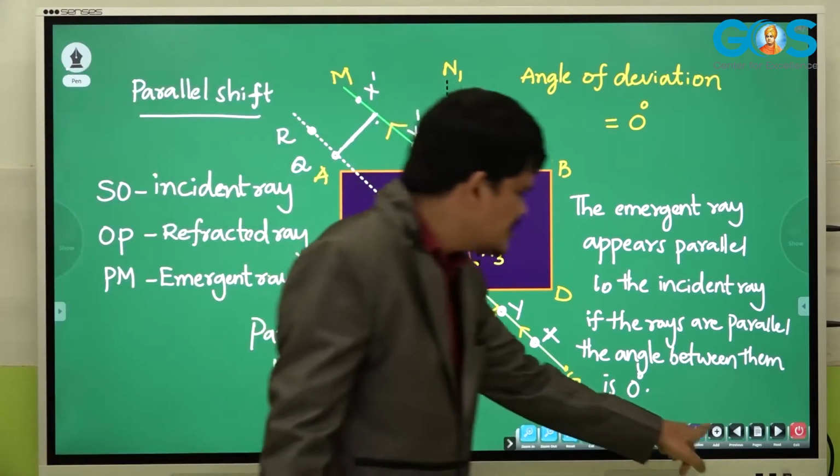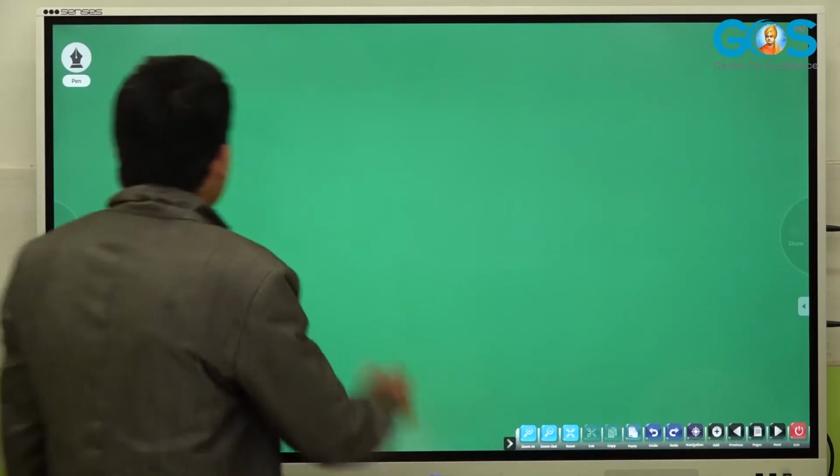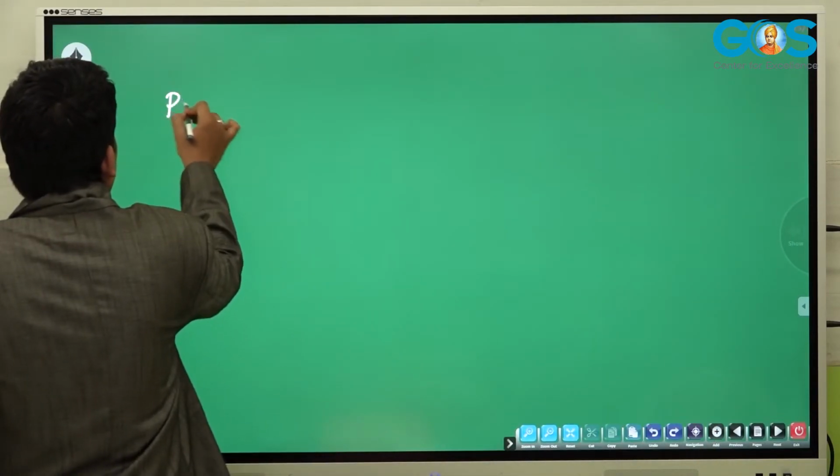Now what is called parallel shift? What is the definition of parallel shift?